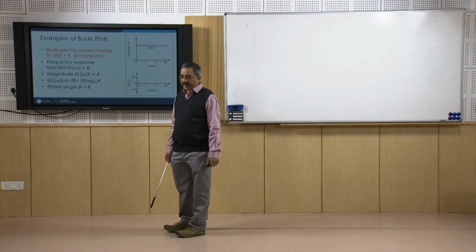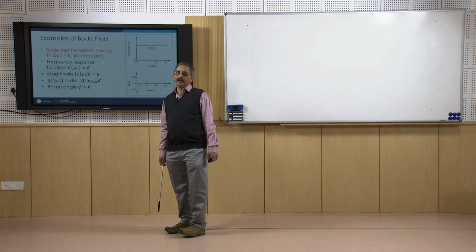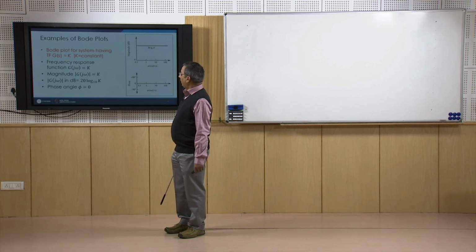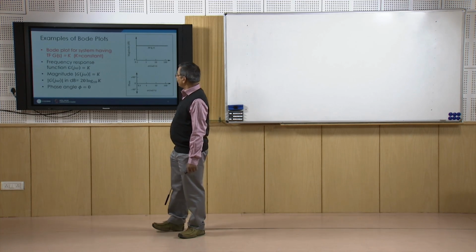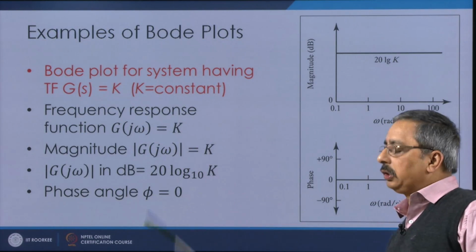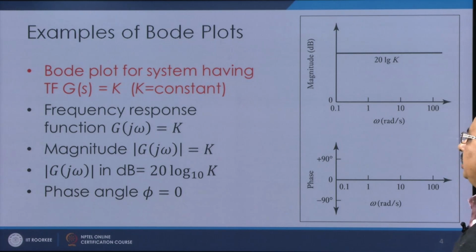Now, let us take an example of Bode plot. First, we will take an example for a system having a transfer function, say G(s) is equal to K, where K is a constant.